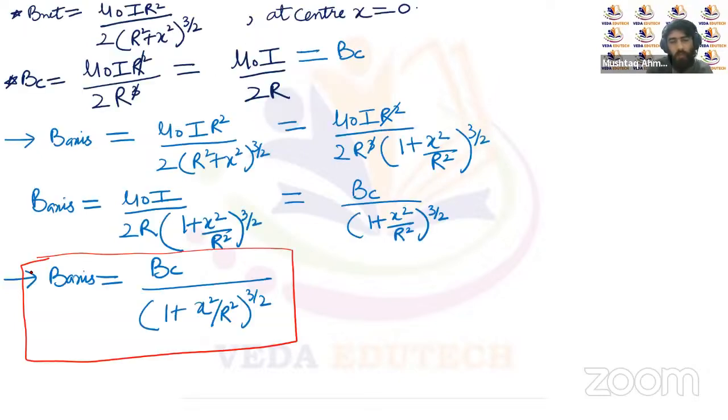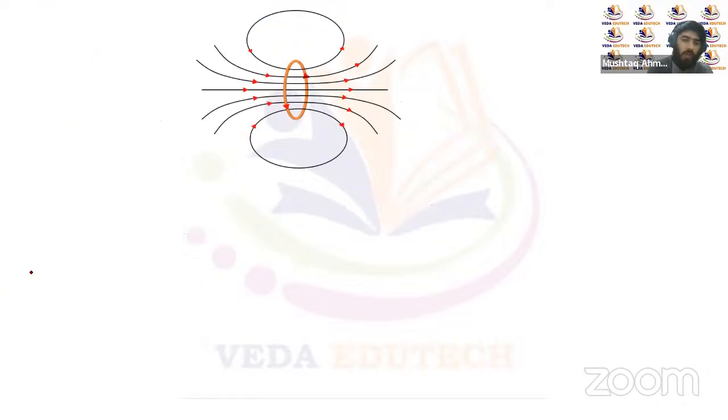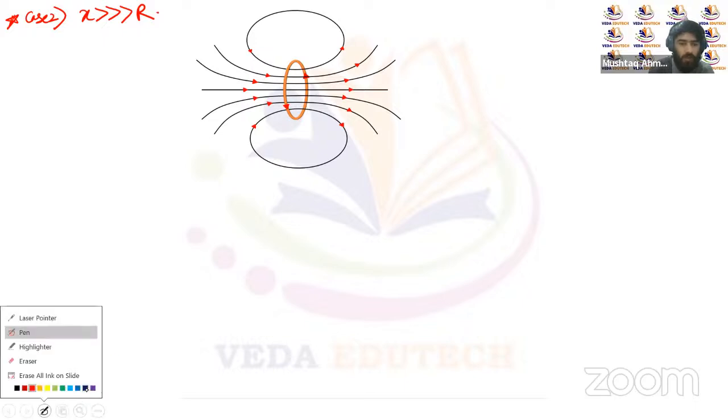Now let's calculate different cases also. Case 1 we discussed, the magnetic field at center. Case 2 is: what is the magnetic field when x is much greater than r? When x is much greater than r, then what happens to the magnetic field? Let's try to calculate that also.